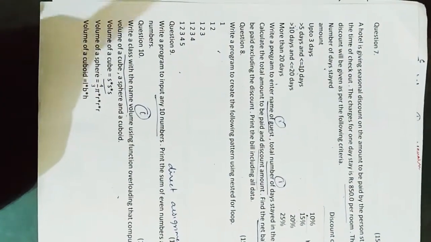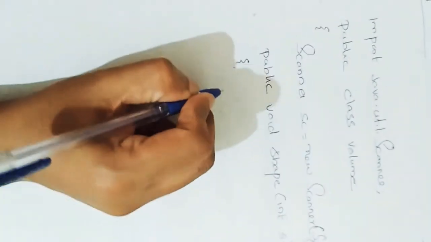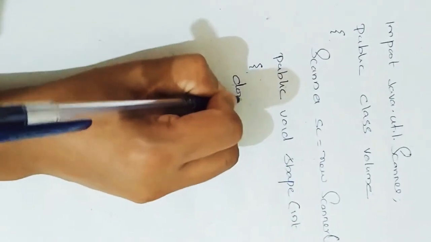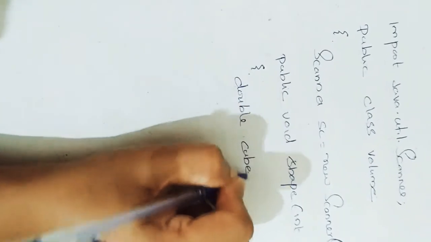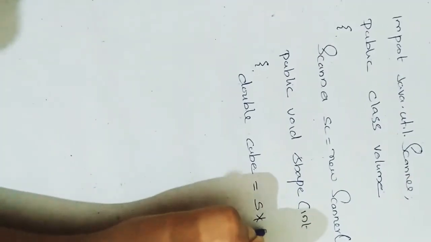It's a function overloading program, so the methods will have the same name. I'm going to write public void shape, and here I'm going to find out the cube. Cube has only one variable s, so I am accepting it as int s, and here I will find out the volume as double cube is equal to s star s.